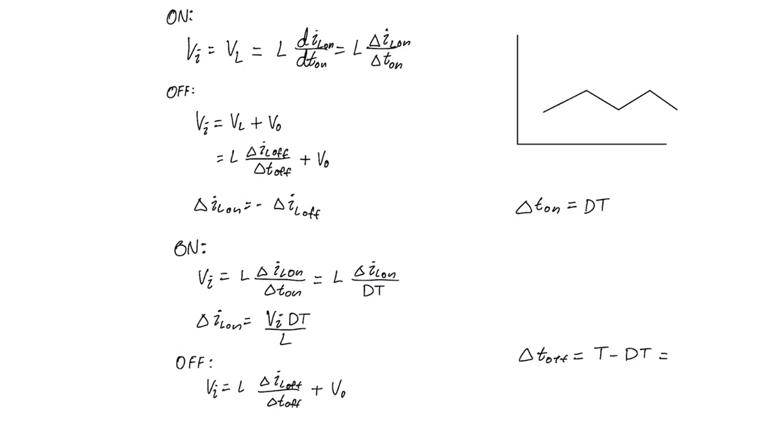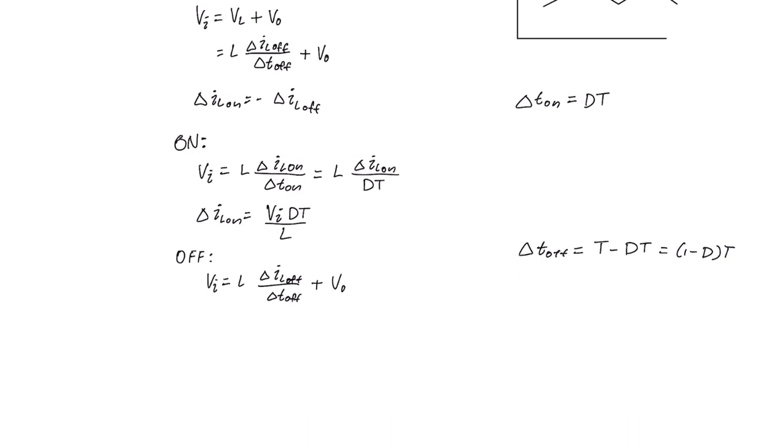And this is equal to 1 minus d times T. So we can put that in, and then we get L multiplied by the change of current when it's off over the change of time when it's off, which is 1 minus d multiplied by the period. And then we have to add VO.